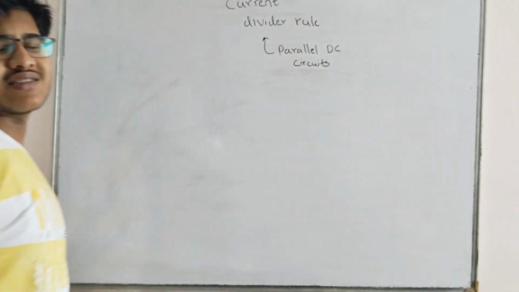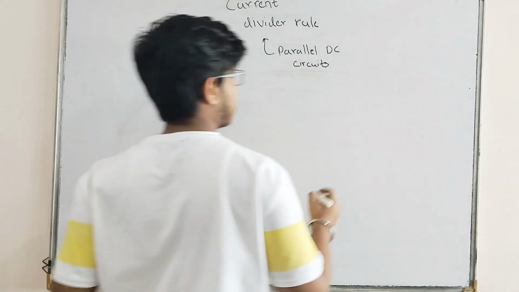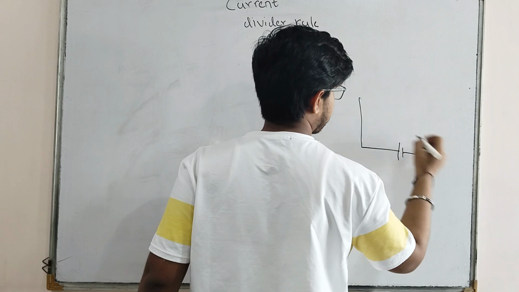So now let us consider a parallel circuit with two resistances connected to a DC source.